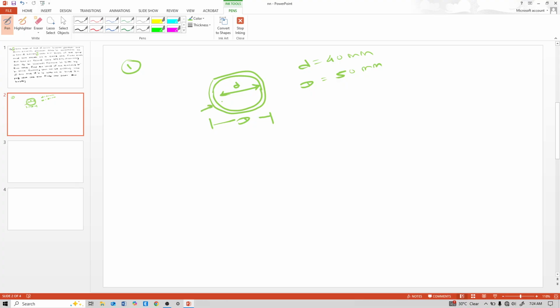That means this thickness is 50 minus 40, 10 mm.